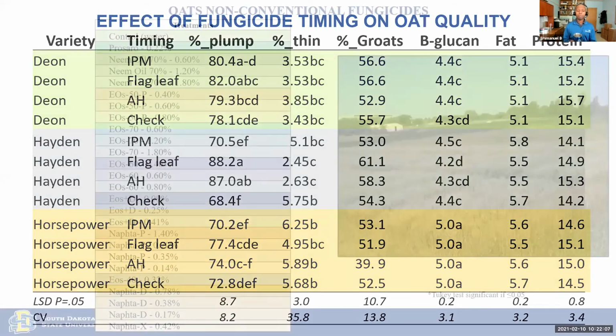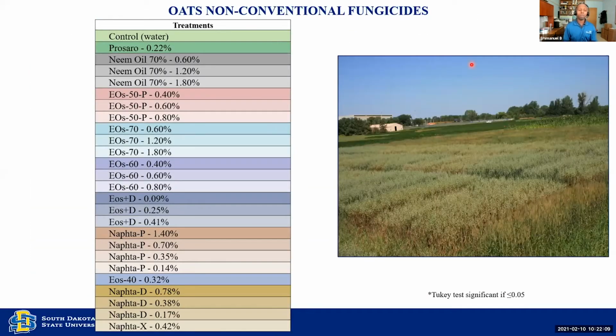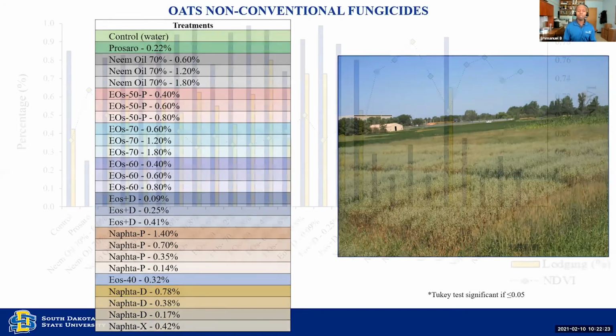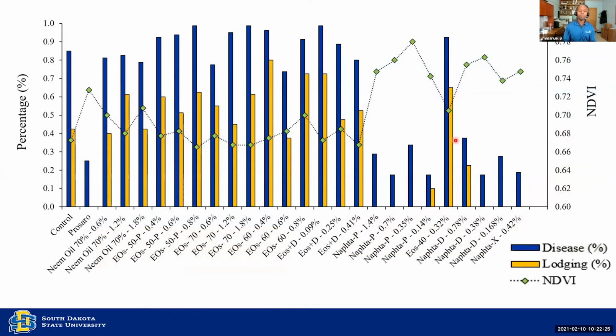So we have also done some testing looking at a number of non-conventional fungicides, mainly neem products, essential oils, and naphtha products, at different concentrations. We've done this for 2 years now. Here we're showing the proportion of the disease on the flag leaf, and on the y-axis we're showing lodging.